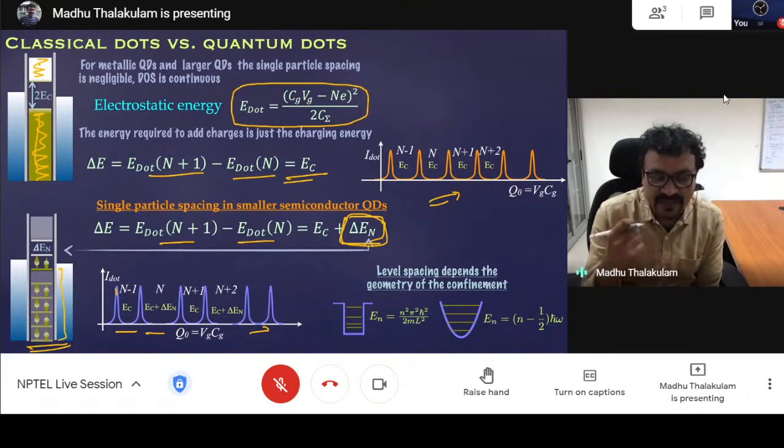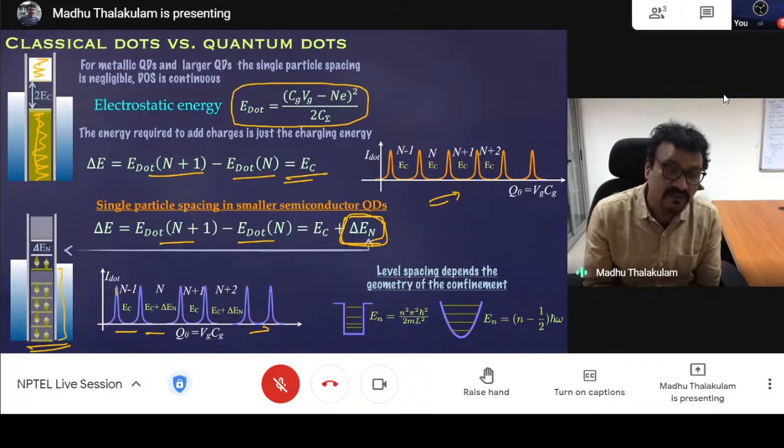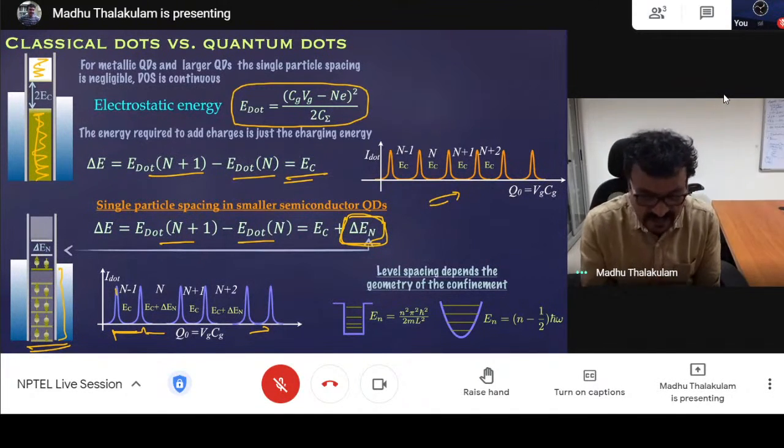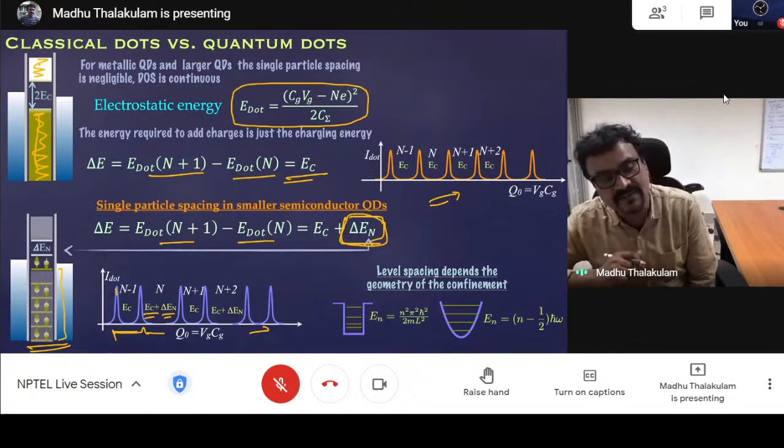But when you vary the electrostatic energy further, you have one more single particle state left there. Okay, that is spin up and spin down states. So that state will be available now. But now the next state is actually EC plus, that is charging energy, plus delta E. Now you have to go to the next single particle level.